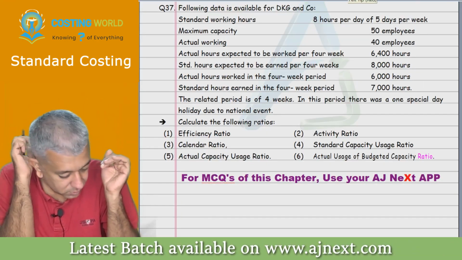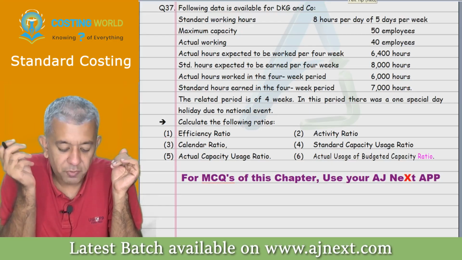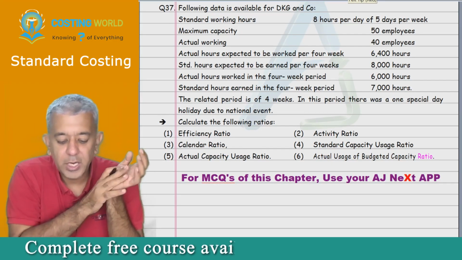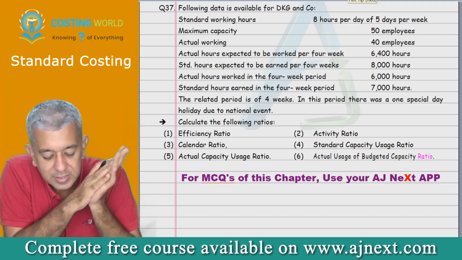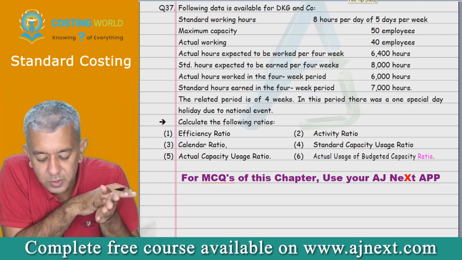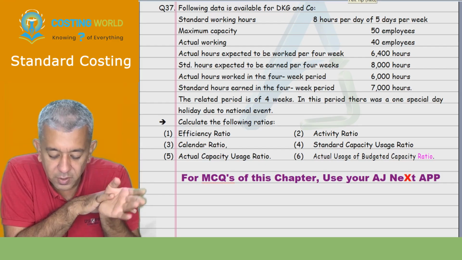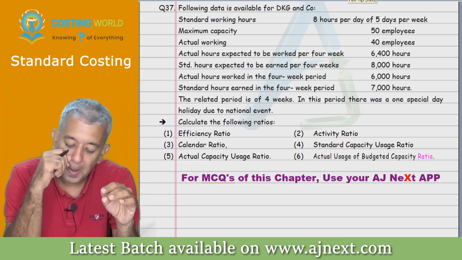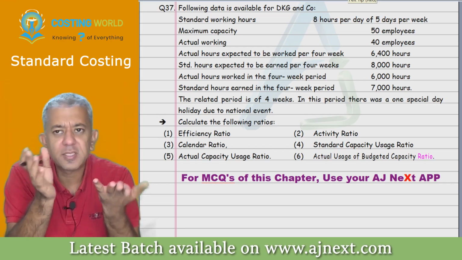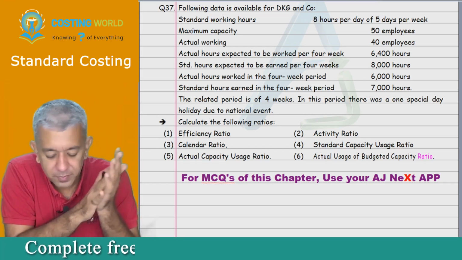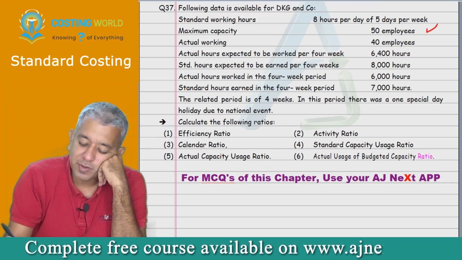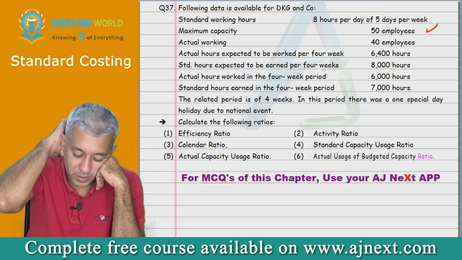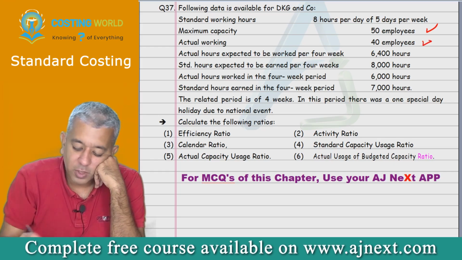Read. Following data is available for DKGN company. Standard working hours 8 hours per day of 5 days per week. Okay. So those guys' working days are 5 days per week. Maximum capacity 50 employees. Actual working 40 employees.